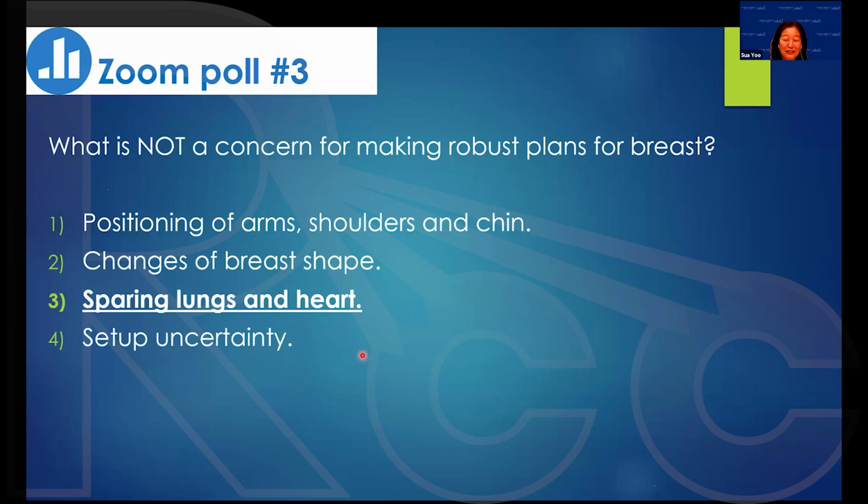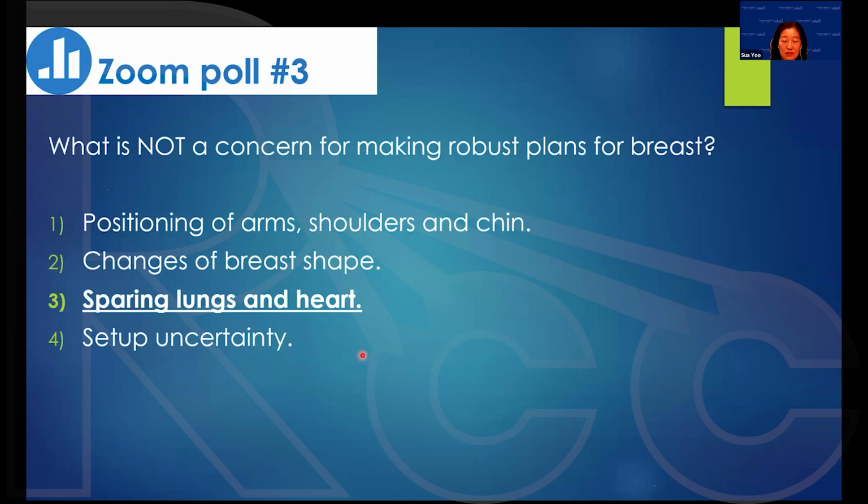So that is the reason we have to consider a robust plan, right? But this is asking what's not a concern. Arms, shoulders, and chin vary a lot, so we need to think about what's variable. When we plan, we need to make sure arms are away and shoulder away. If the chin is turned, we need to think about a robust plan.